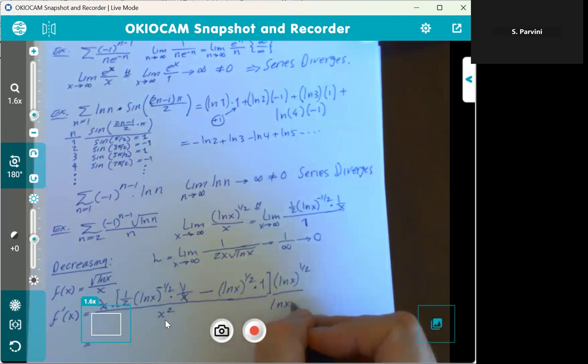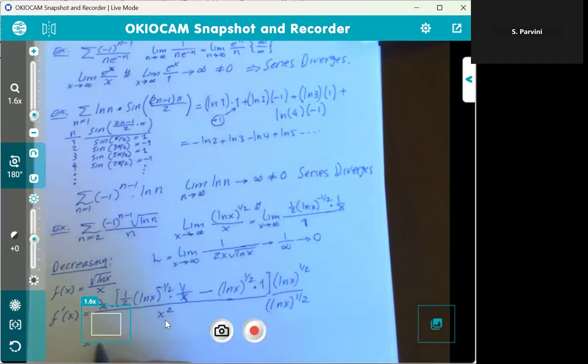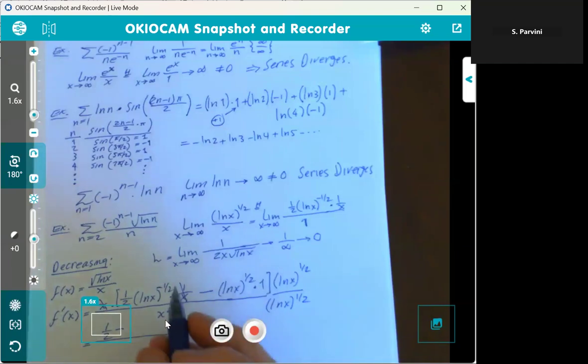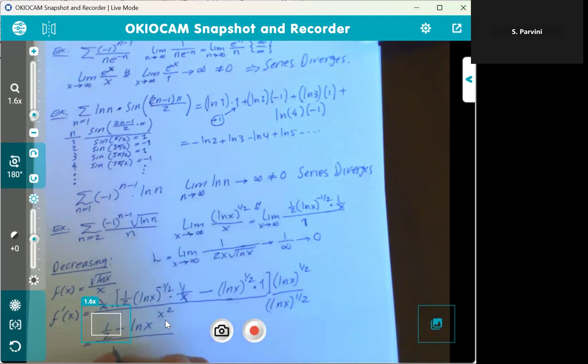And that gets rid of the negative exponent. And when we do that, what are we going to get? We're going to get 1/2 minus square root of ln of x times square root of ln of x is just ln of x, right? So this is going to be ln of x over x squared square root of ln of x.